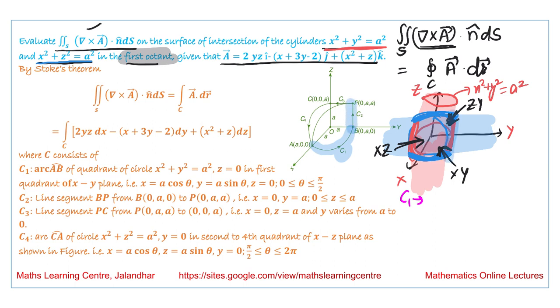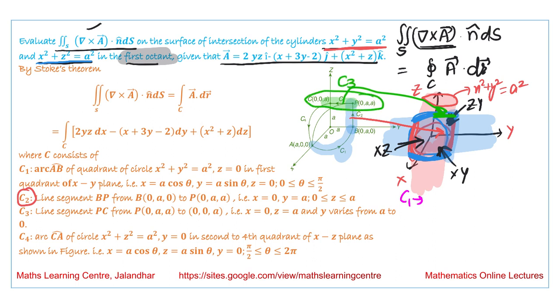This corresponds to this line over here, and we call it C2. Then we have the line C3, that is PC. If we look at this figure, this is the line PC that we have. This line PC corresponds to this line over here.